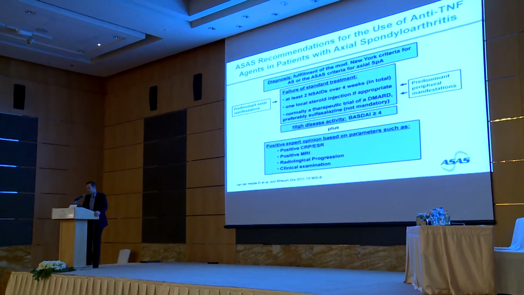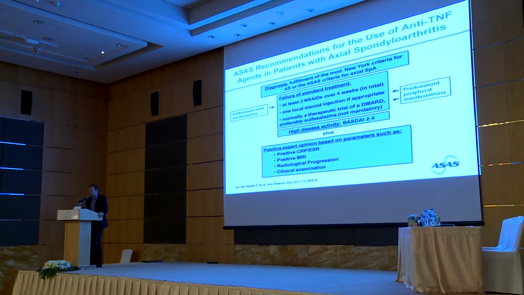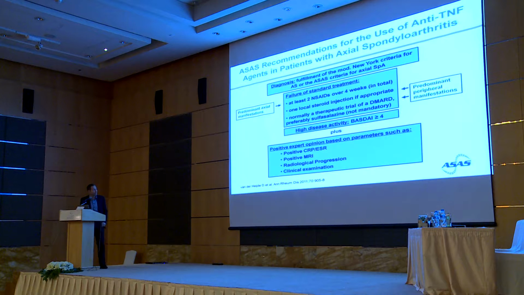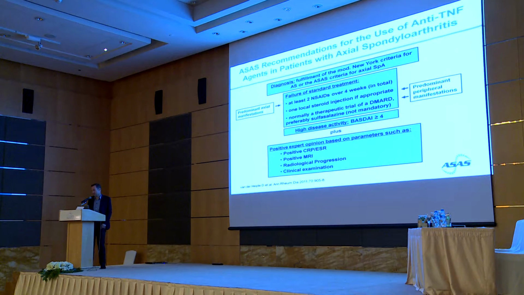The recommendations for treating patients with spondyloarthritis also say, and that's relevant also for gastroenterologists, that you have to try at least 2 NSAIDs over at least 4 weeks. I mentioned before, high dose NSAIDs, so the maximum dose, 4 weeks.